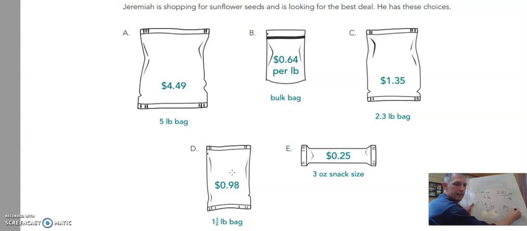D is 98 cents per 1 3/4 pound. And finally, bag E is 0.25 per 3 ounce. Okay, this is going to be interesting.